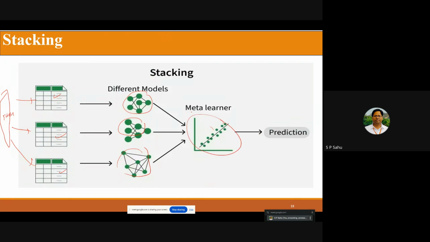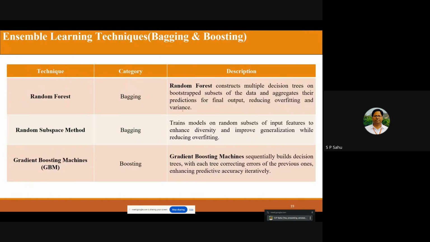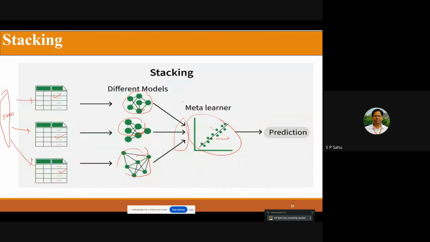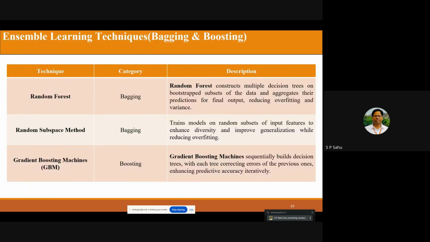The meta learner is an expert learner or a complex model which traces the important patterns from these models, and whatever features are extracted from these base learners are all fed to this meta learner, and it will generate a final outcome. Okay, so this is the stacking model.